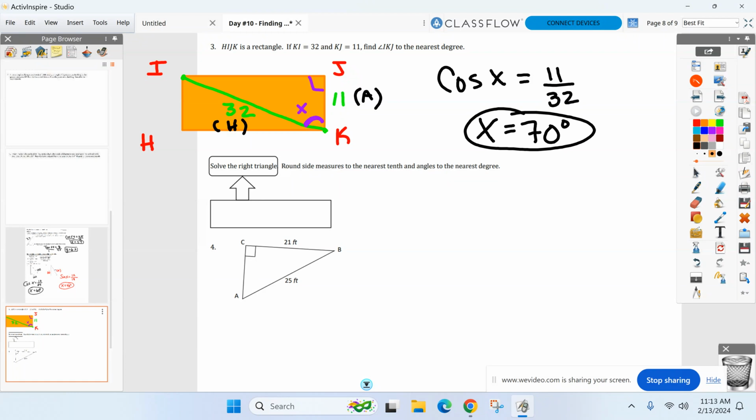Yeah, find everything that's missing. Yes! A lot of work going into this. Okay, yes, that's what solve the triangle means. It's not the last time you're going to see this in this unit. Solve for all missing sides and angles.